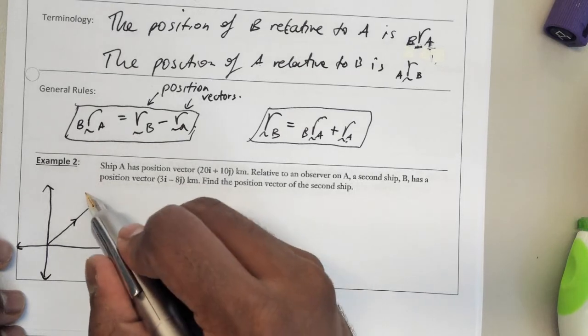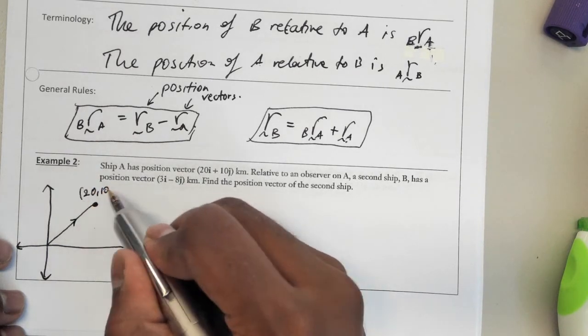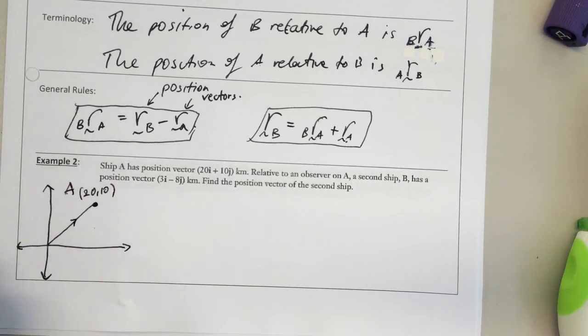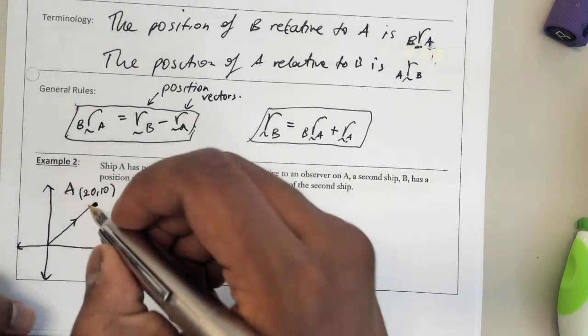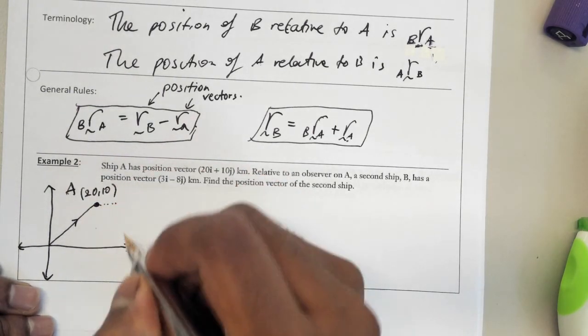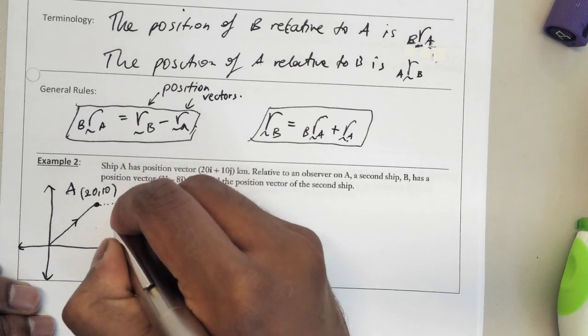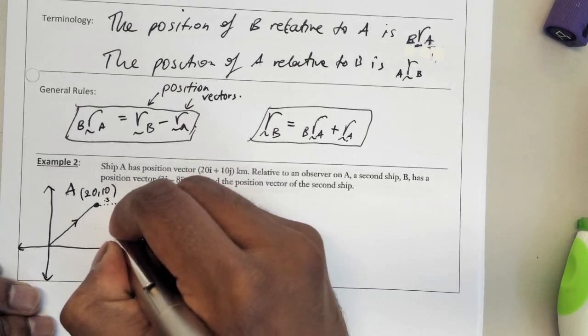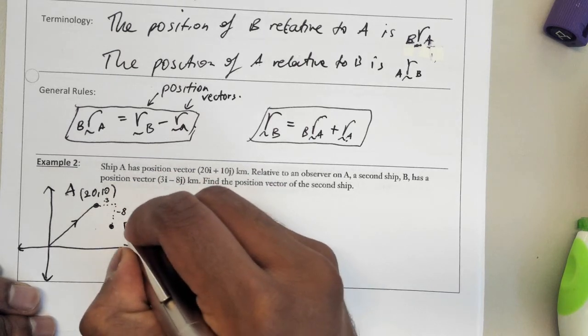So that's 20i plus 10j. That's A. So relative to that, we have B. So we're going to go 3i minus 8j. This over here is B.